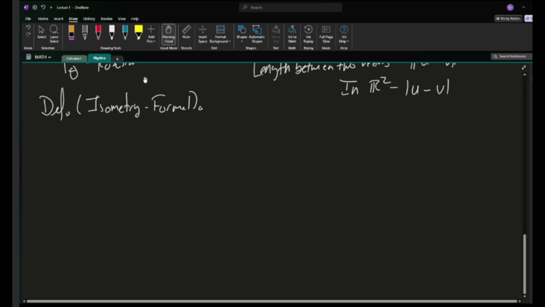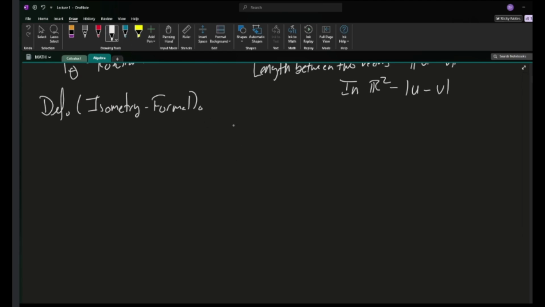There's no inherent difference. These norm operators will still function regardless, but going forth, an isometry in Rn is a distance preserving map.